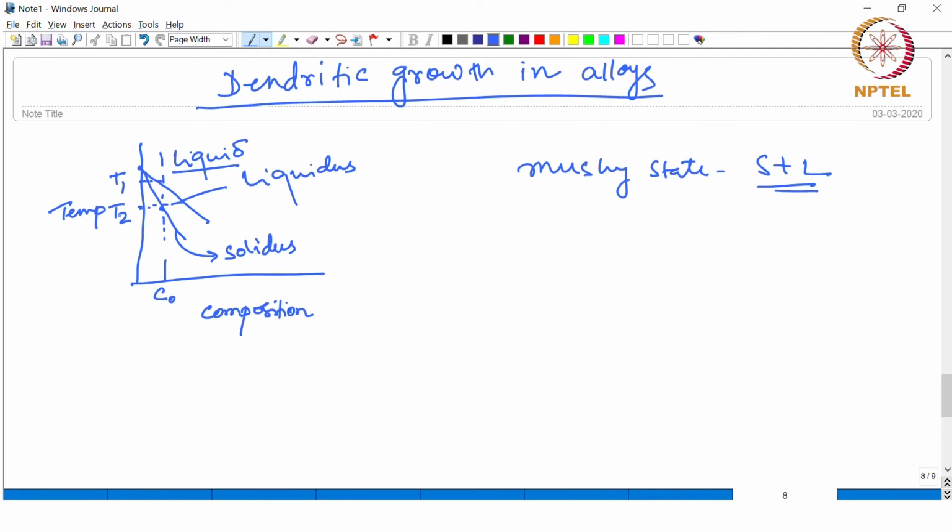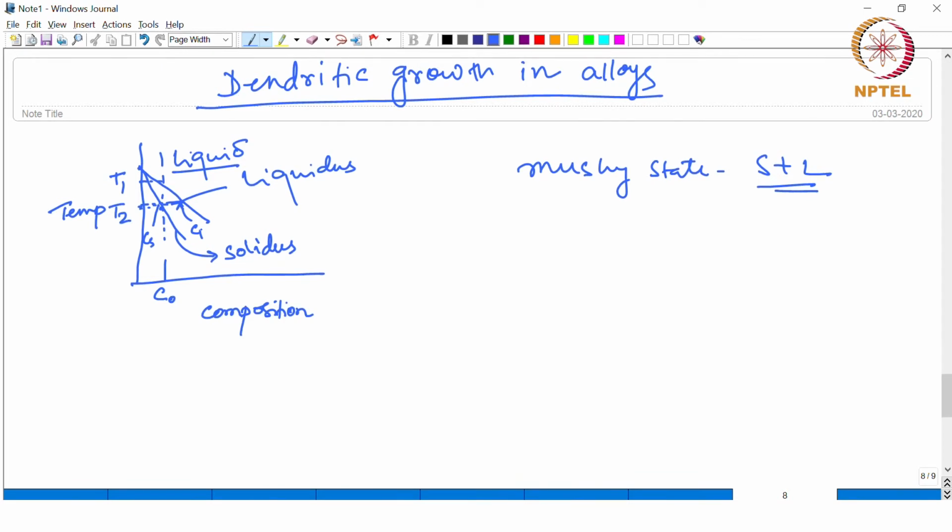At this temperature T2, the solid composition which is here is Cs, and accordingly the liquid composition is here, which is Cl.